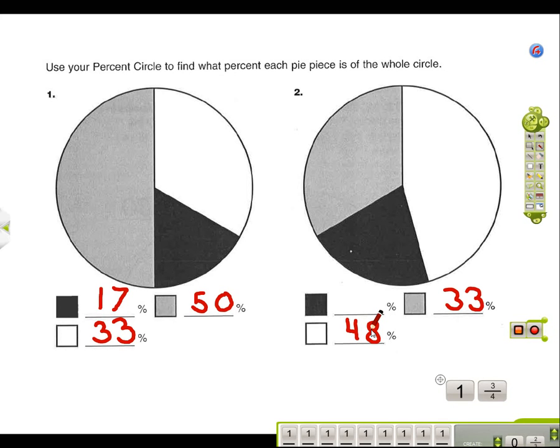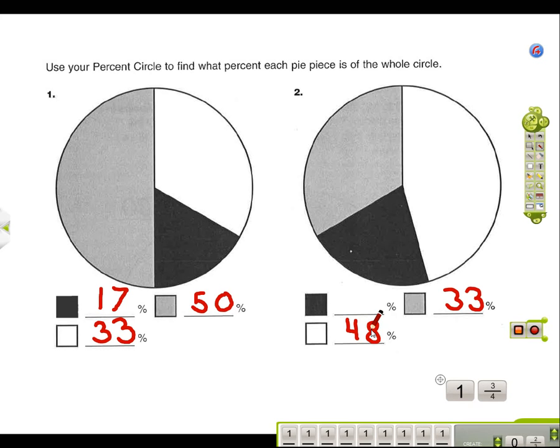When I figured the rest out, the black spot, I added 33 plus 48. Add 33 plus 48, Cameron. So 33 plus 48 is 81.